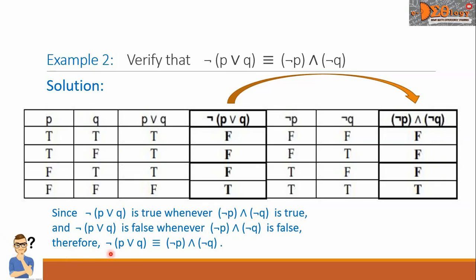Therefore, the negation of the compound proposition P or Q is logically equivalent to not P and not Q.